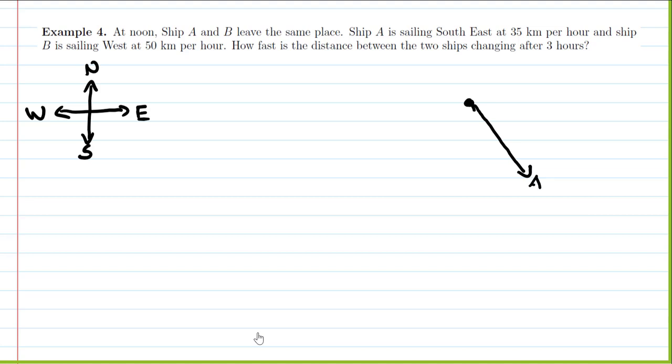So that's ship A. And ship B leaves the same place and is sailing west. We want to know, well, how fast is the distance between these two ships changing after 3 hours?